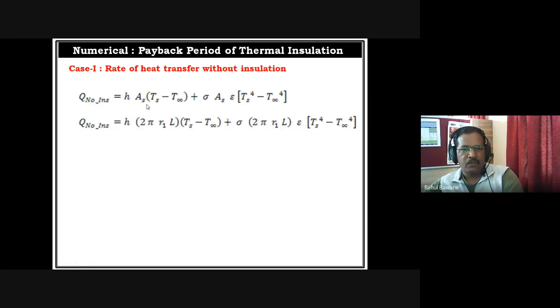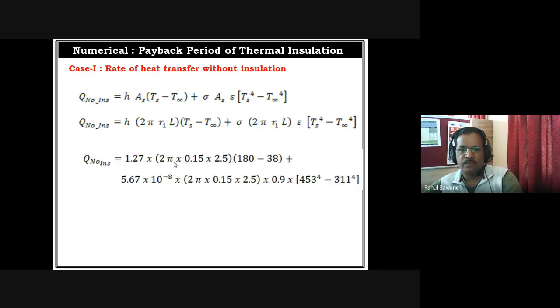The surface area of the pipe becomes 2 pi r1 multiplied by length of pipe. So Q equals h times 2 pi r1 L times (Ts minus T infinity) plus sigma times 2 pi r1 L times emissivity times (Ts to the power 4 minus T infinity to the power 4). Now put the given numerical values.